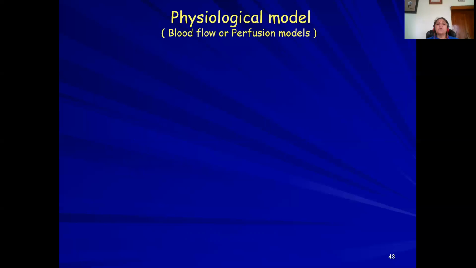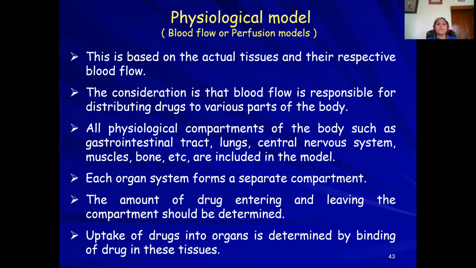The third type is physiological model. These are also known as blood flow or perfusion models. Now, this is based on the actual tissues and their respective blood flow. The consideration is that blood flow is responsible for distributing the drugs to various parts of the body.